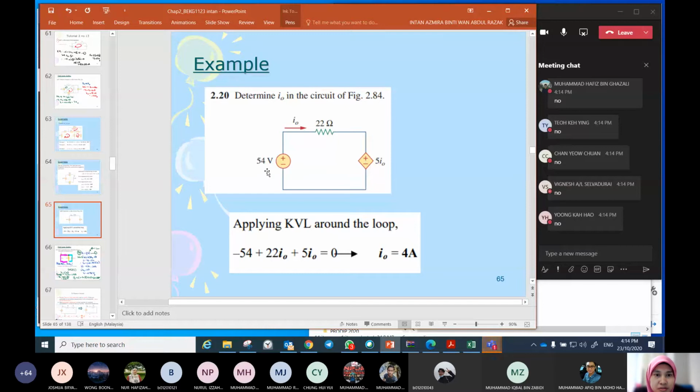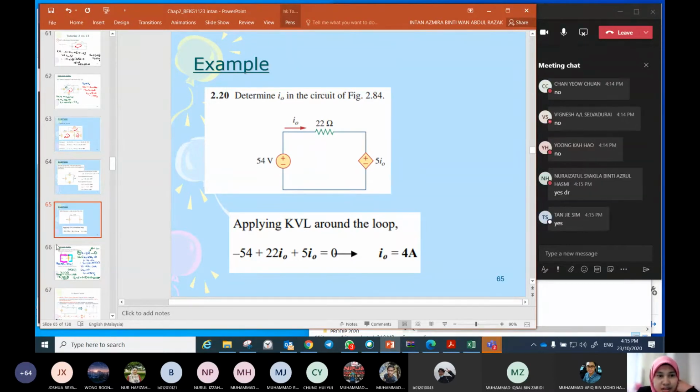Let's start with the 54 volt source: minus 54 plus 22 I naught plus 5 I naught equals 0, and we will get I naught equal to 4 amps. That's all. Can you understand? Say yes. Okay. This is very basic.